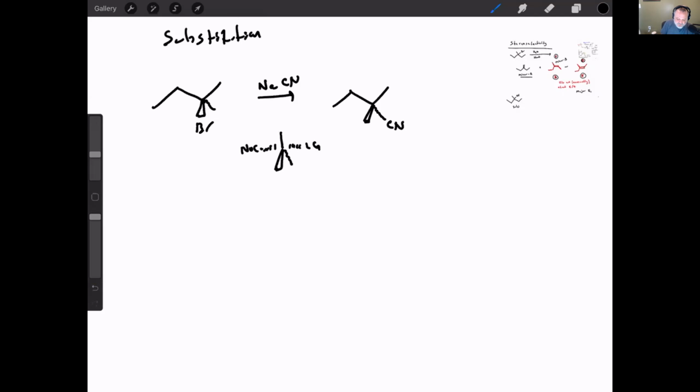Because this transition state forms the rest of the molecule into a plane, we ended up with an inversion of the stereochemistry. This was backside attack. That's SN2. What about for SN1?